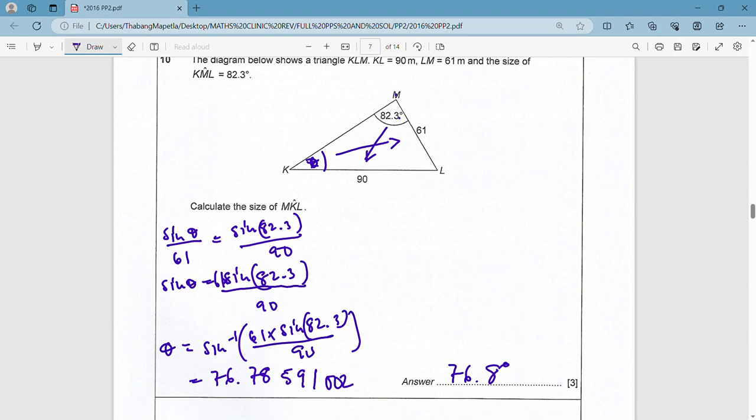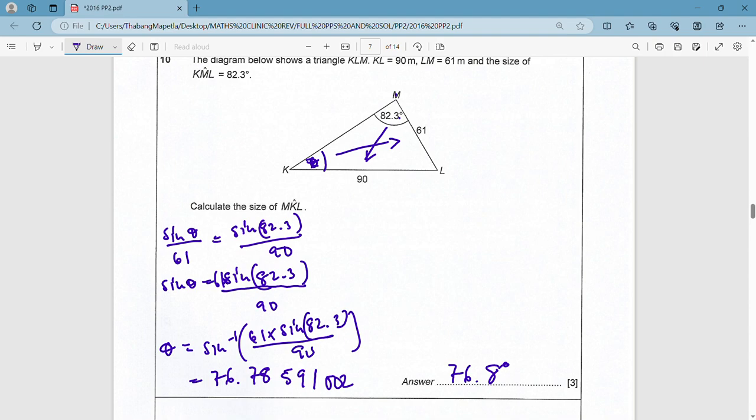So it's going to be 61 times sine 82.3, divided by 90. I got it wrong now. So it's 61 times sine 82.3 divided by 90.